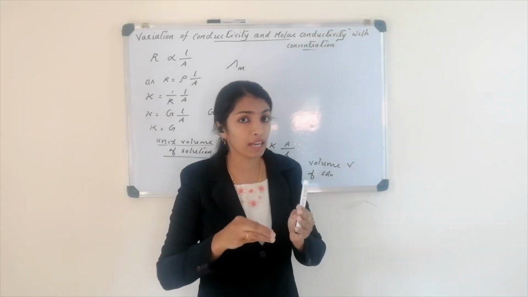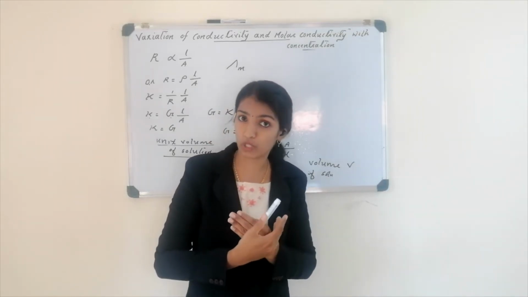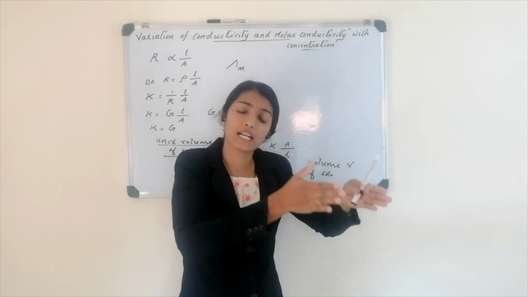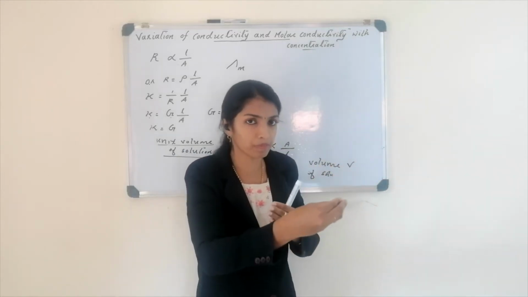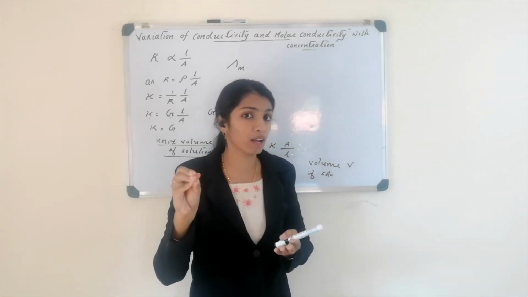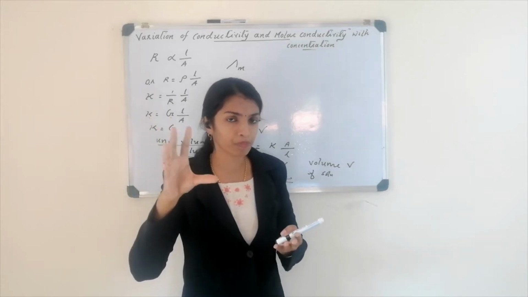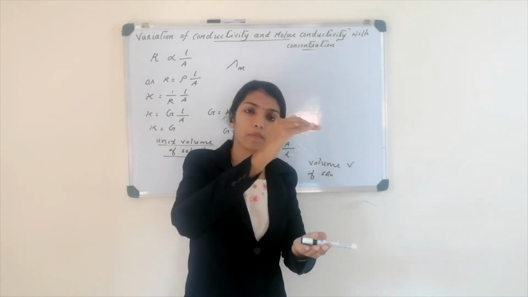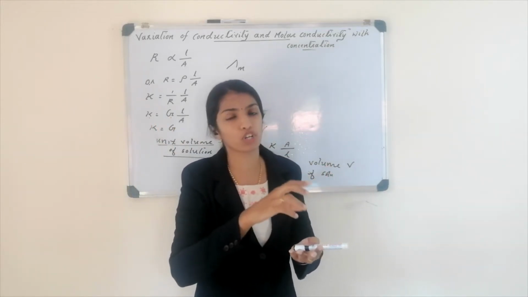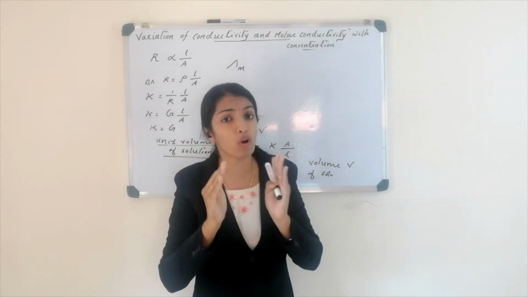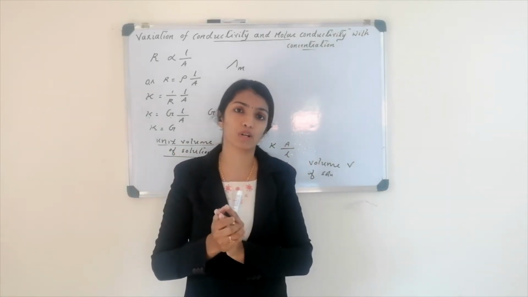If the concentration of the solution is high, the number of ions present in unit volume will be high. If the number of ions is high, the conductivity value is also high.